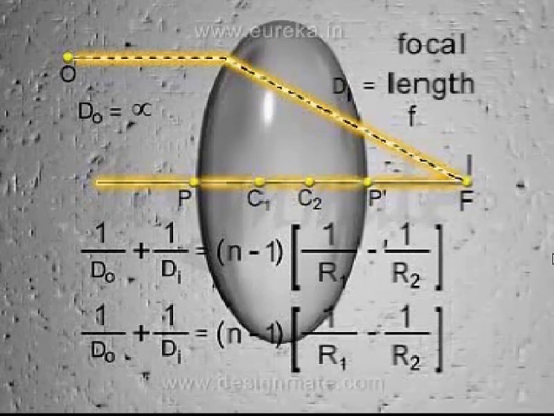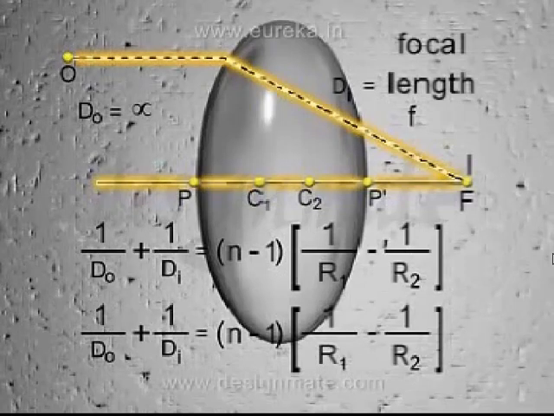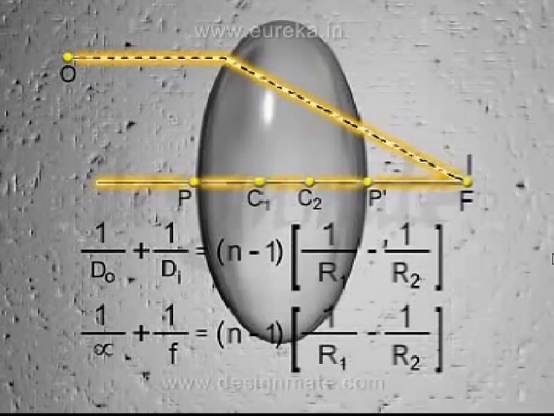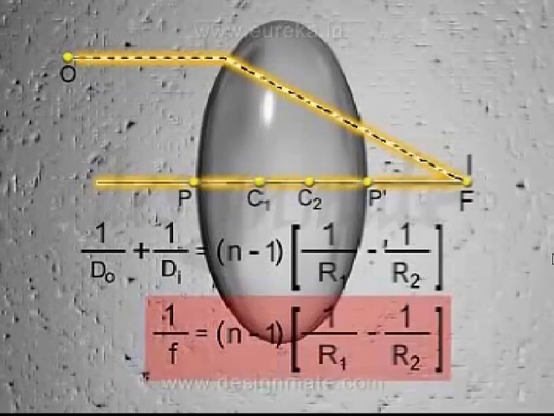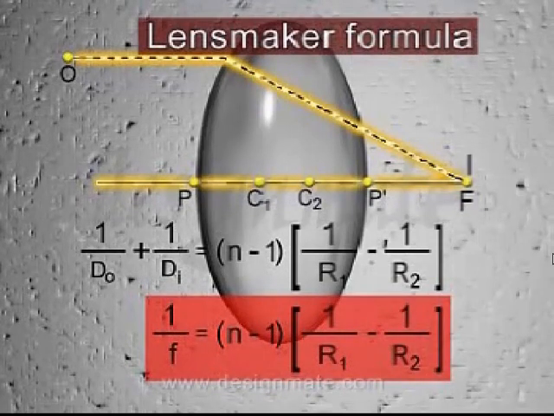Substituting these values of DO and DI in equation, 1 upon f is equal to (n minus 1)(1 upon R1 minus 1 upon R2). This equation is known as lens-maker formula.